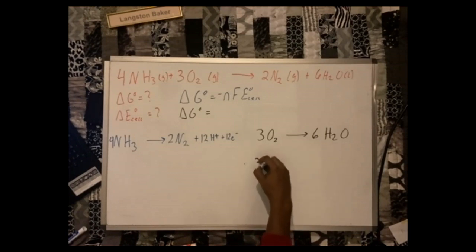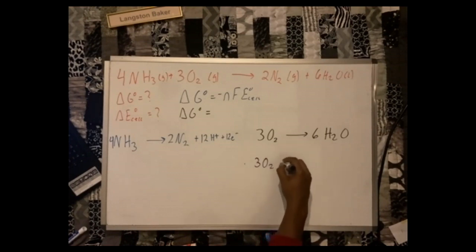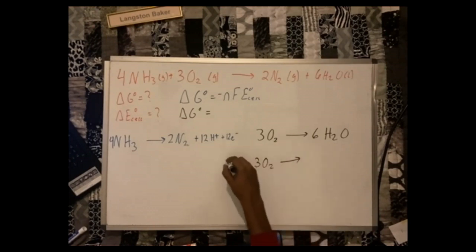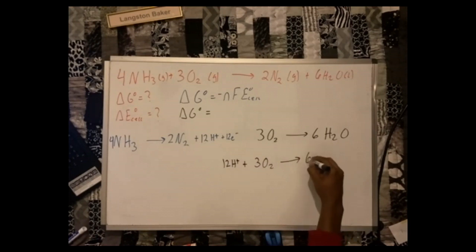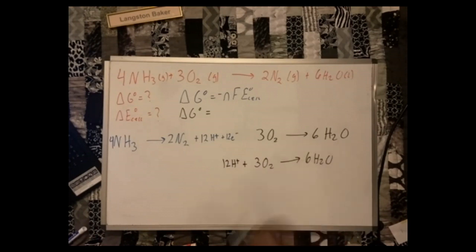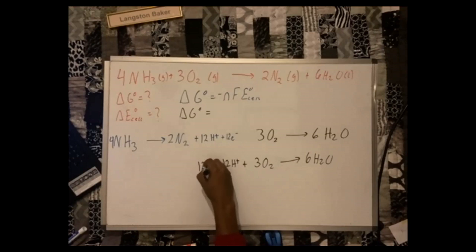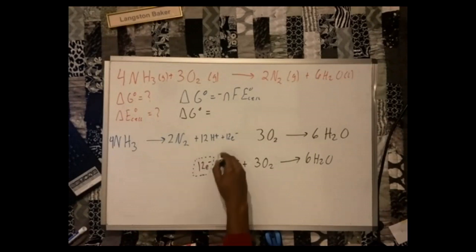So 3 O2 goes to, I need that 12 H plus on this side, 6 H2O. Again, similar thing, plus 12 over here, 0 over there, so I add my 12 e minus. And then we would add these two things together because they're the same. So here's the number of electrons transferred: 12.